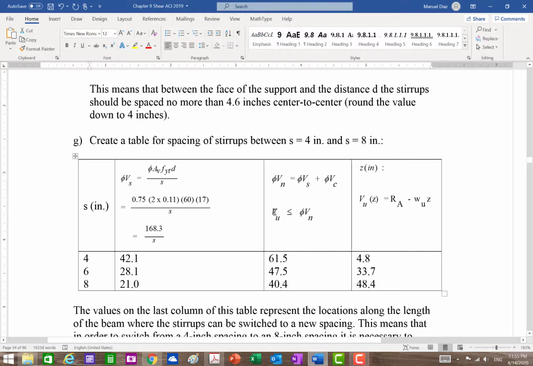Because remember, you have to keep V sub U, so these values are V sub n's, phi V sub n's, okay? These are design strengths. So you want your V sub U to be less than this. That means I can use 6 inches unless my V sub U is less than this number. Otherwise, I will be exceeding that value.